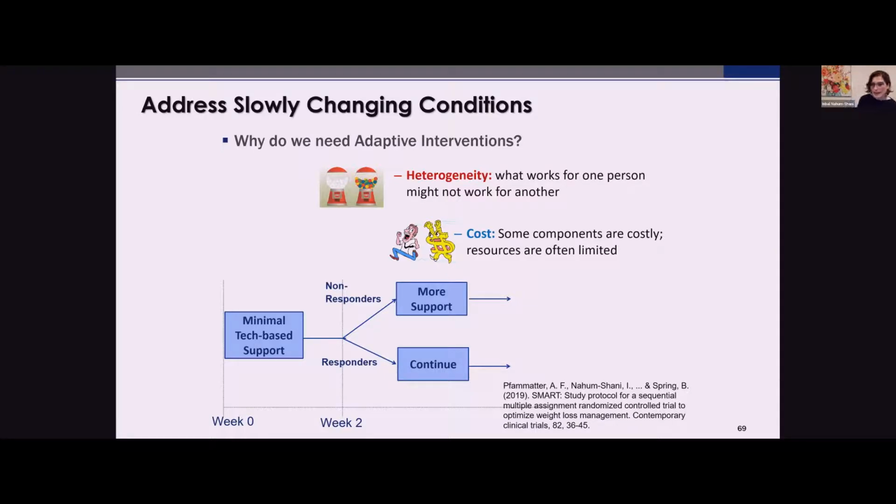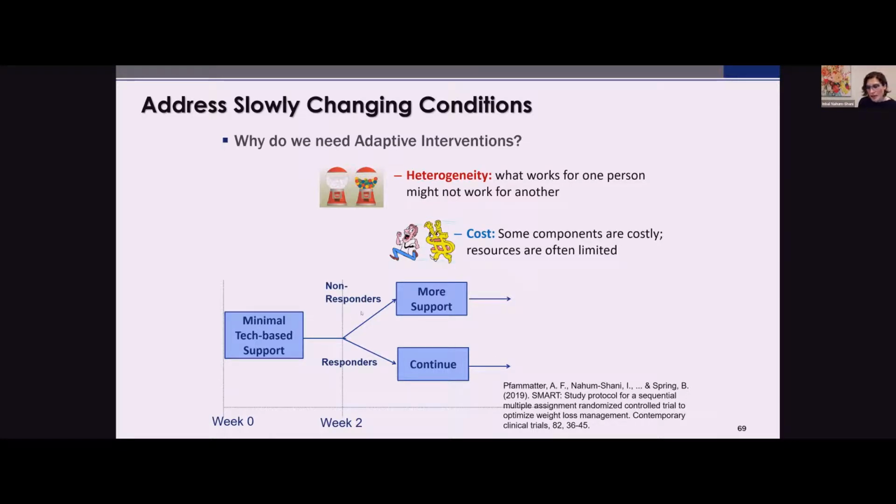And in many cases, as in the current case, it is possible to identify early those people who are likely to fail to benefit from the intervention ultimately. Those are likely to be ultimate non-responders. Here, we can identify them as early as week 2. By week 2, we can know with a high degree of certainty that a person is highly likely to fail ultimately if they're not losing sufficient amount of weight.